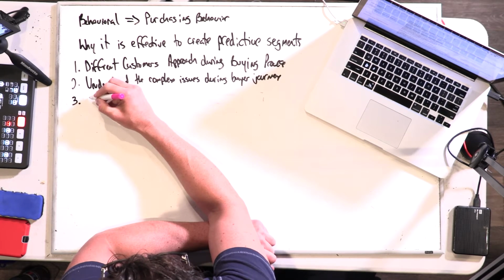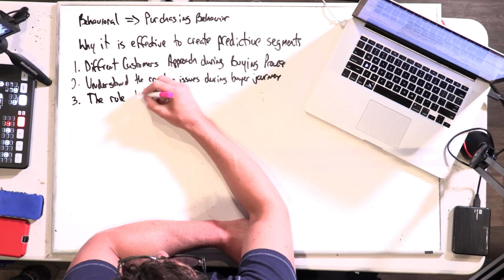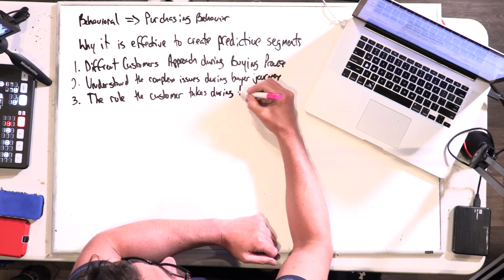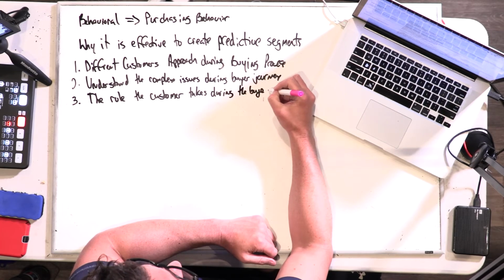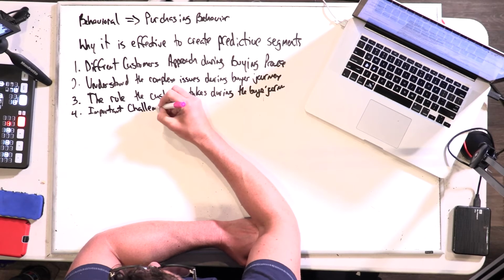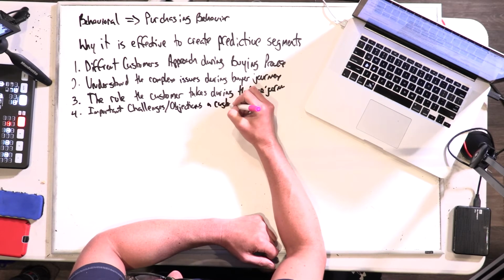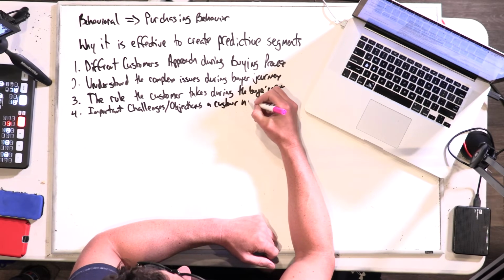Number three, you get to understand the role the customer takes during the buyer journey. Number four, you get to understand the important challenges or objections a customer has about your product.